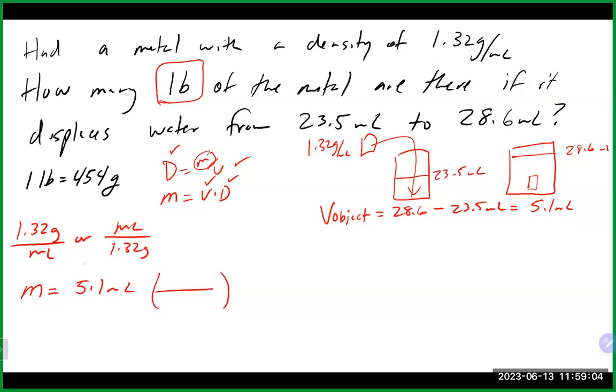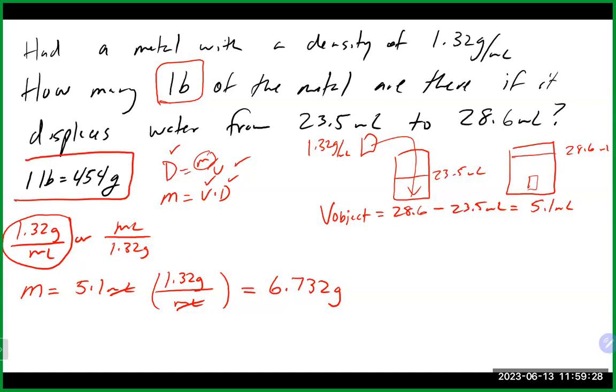Here we could clearly see milliliters are up on top, so we want our milliliters on the bottom, and our milliliters will cancel. We will end up with 5.1 times 1.32, which gets us 6.732 grams.